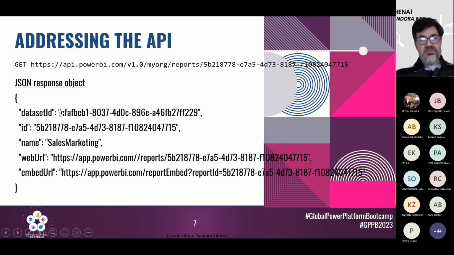In this case, I have a JSON object which gives me back the dataset ID, the report ID, the report name, the report's URL, and the embedding URL for the report. So I'm querying a specific report, and from that call, I'm getting some info.